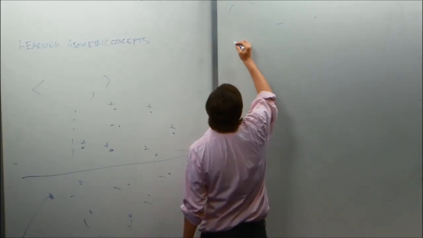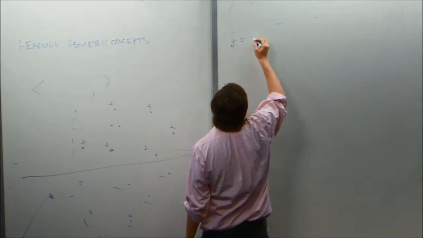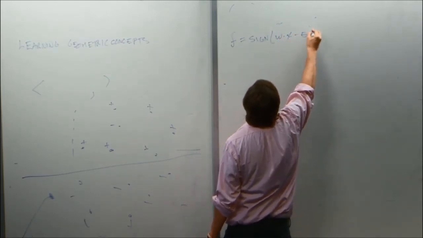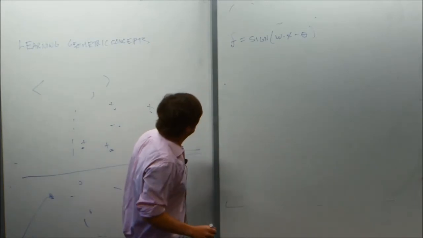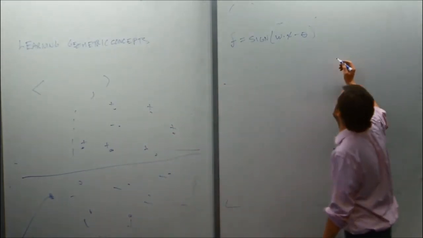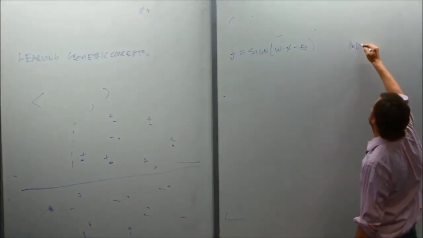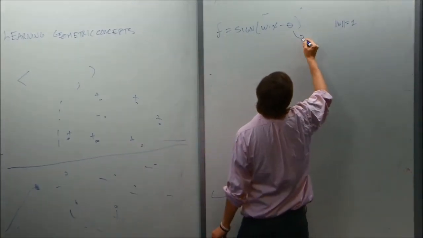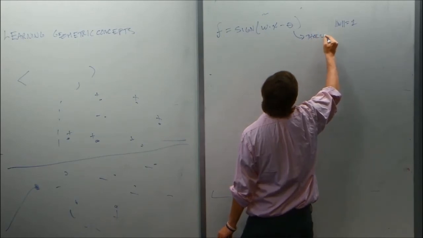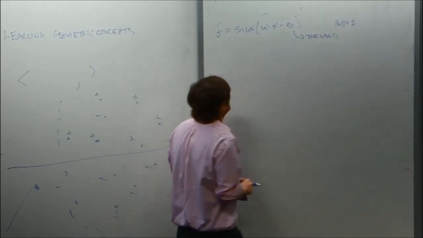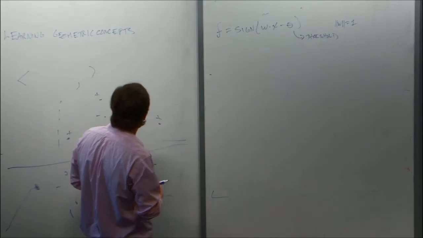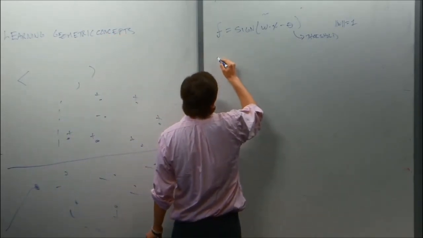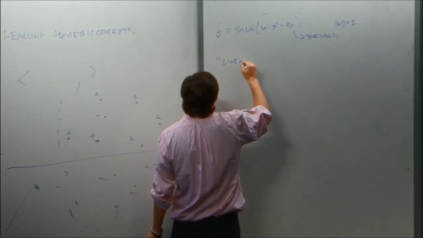So we're going to be interested in functions that are the sign of w dot x minus theta, where typically we'll treat the norm of w as 1, although we don't have to. Theta is called the threshold. The set of points that make this function positive are a half space, and this f is usually referred to as a linear threshold function.